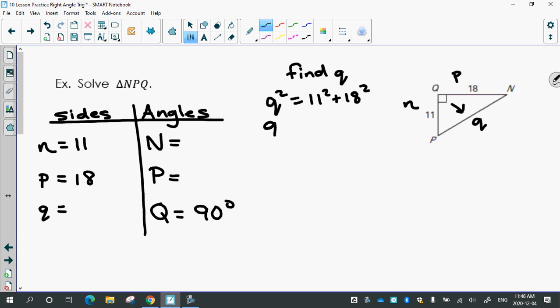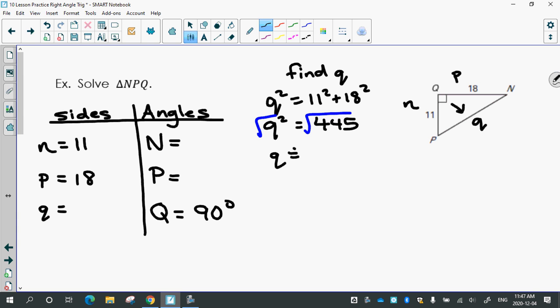Alright, so then we can go q squared equals, and then feed that into our calculator, 11 squared plus 18 squared. So if you add them together, you get 445. And then you need to square root.